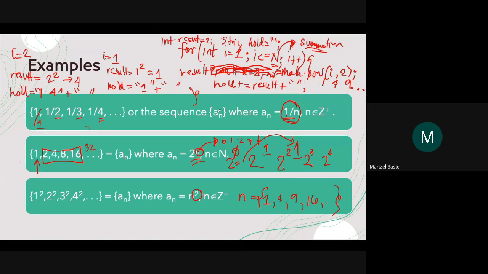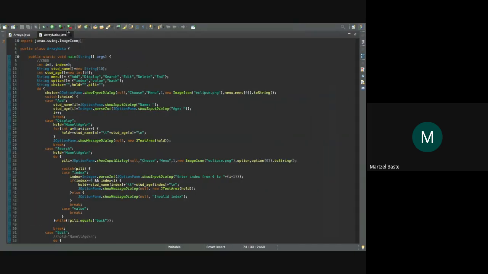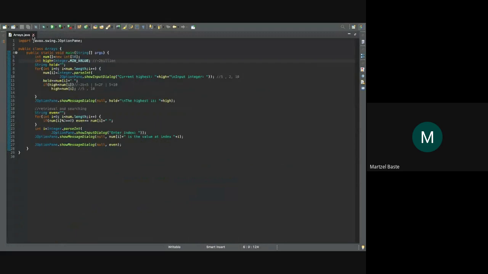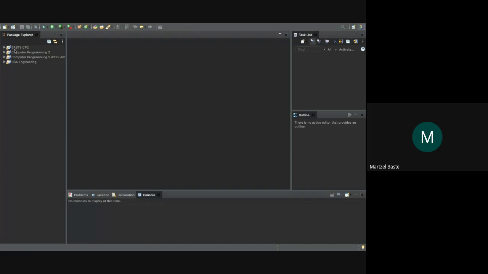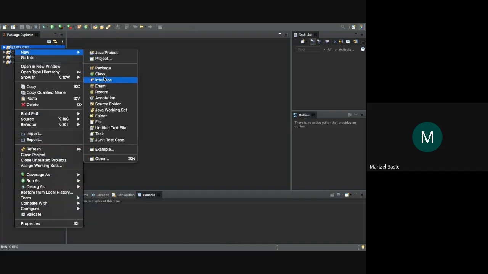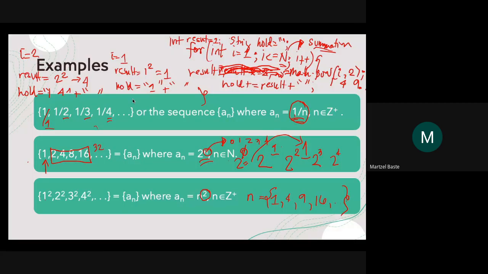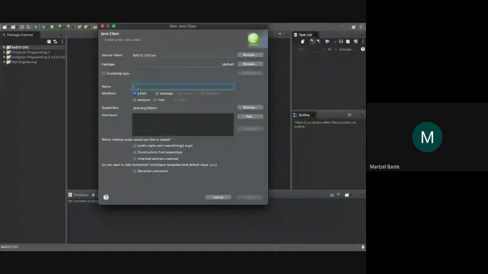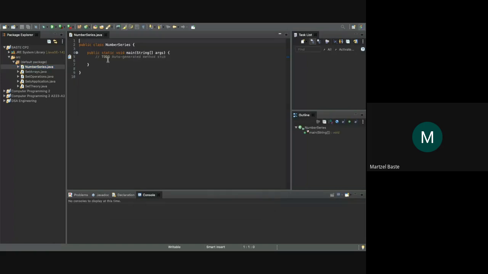Sige, program na lang nato. So if you will be asked to create that kind of program, so let's say we have here number series. Para matest na agad natin.